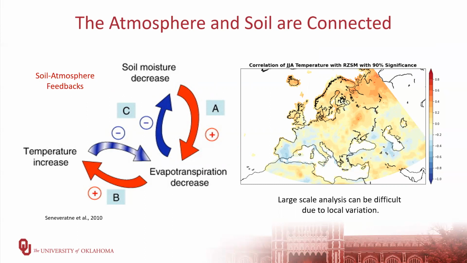This is most likely due to variation in soil properties such as soil type, mineral content, specific capacity, and porosity, and so on. But it will also be affected by local climatic conditions. This plot shows the correlation of temperature with root zone soil moisture. And as we can see, there are both positive and negative correlations, but we don't see as high levels of significance.